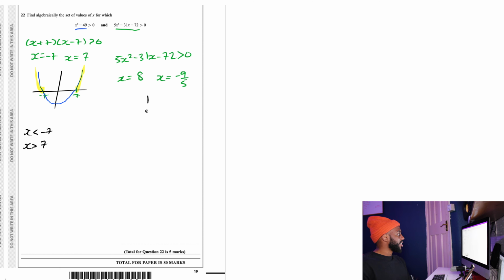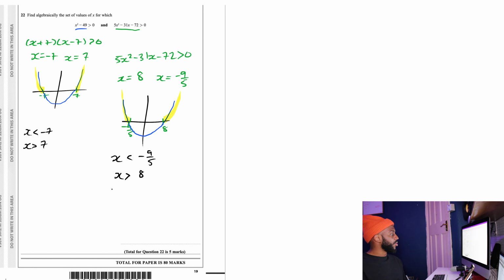You're going to do the same thing again, sketch a graph, and your minus 9 over 5 is going to be on this side, your 8 is going to be over there. Again, it's a positive curve, so it's going to be that way. And we want the positive side of this as well, so we want above 0, above our x-axis. So x is going to be less than minus 9 over 5, and x is going to be more than 8. And there are your 4 inequalities for these equations.